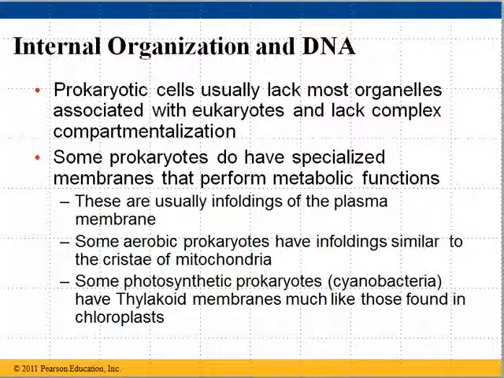Some aerobic prokaryotes have infoldings similar to the cristae of mitochondria. So in certain aerobic prokaryotes you can find portions of their cell that remind you of the mitochondria, and some photosynthetic prokaryotes, particularly one called cyanobacteria, have thylakoid membranes much like those found in chloroplasts. We're going to talk a lot about endosymbiosis, which was the idea that one cell engulfed another, and that's how we developed into eukaryotic cells.